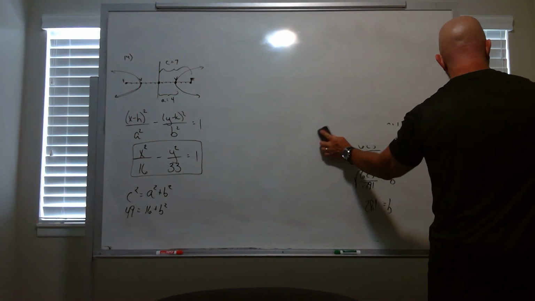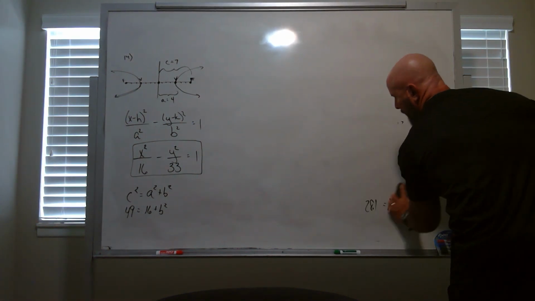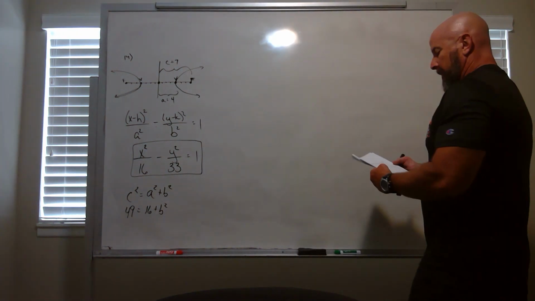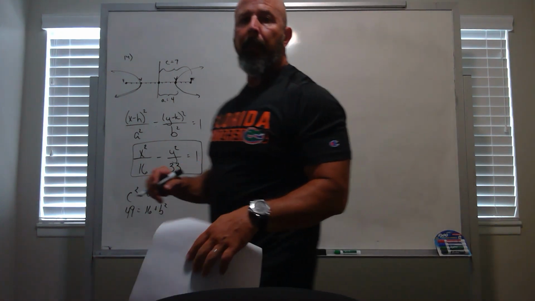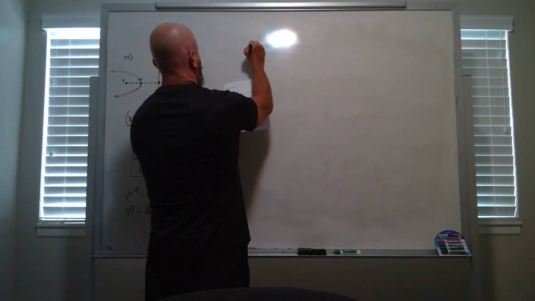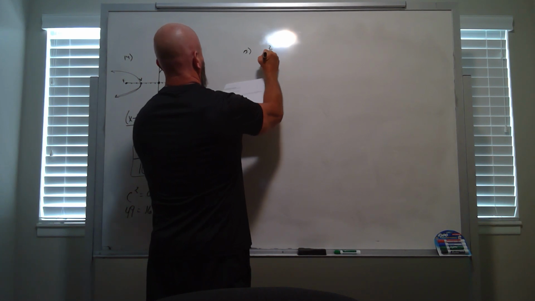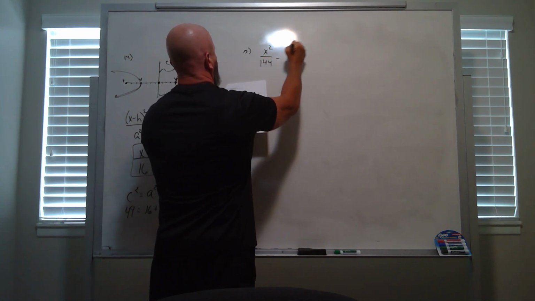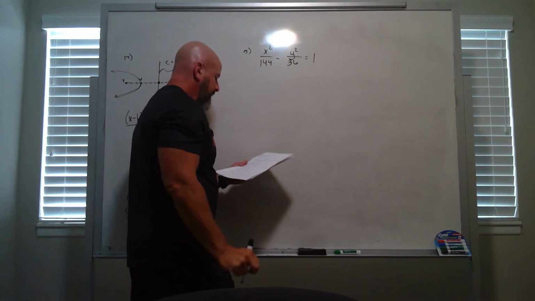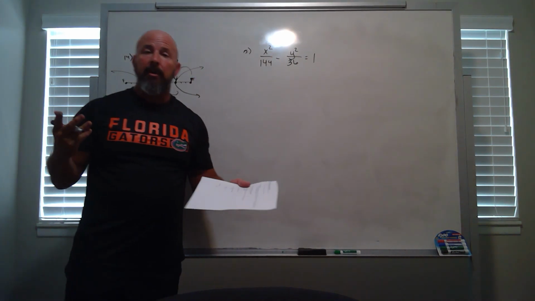All right, 15, 16 are asking me to find all the information about a given hyperbola. So this one up here, 15. I know again it's a hyperbola because I see the minus, and I know it tells me in the instructions it's a hyperbola.